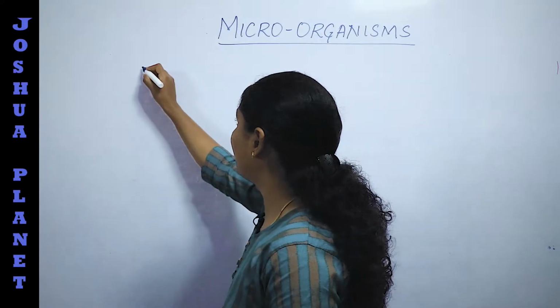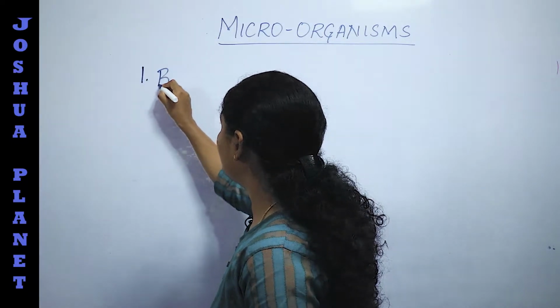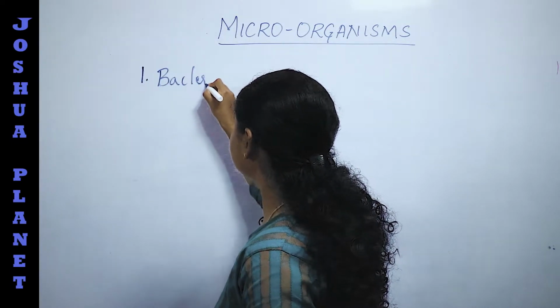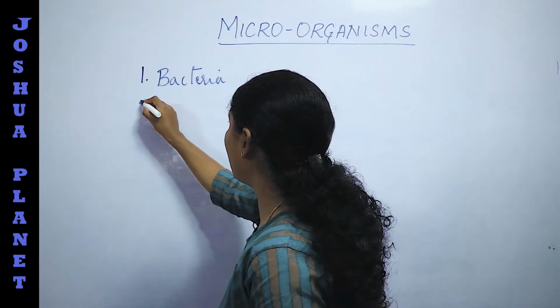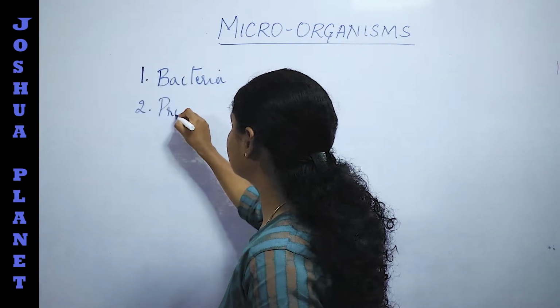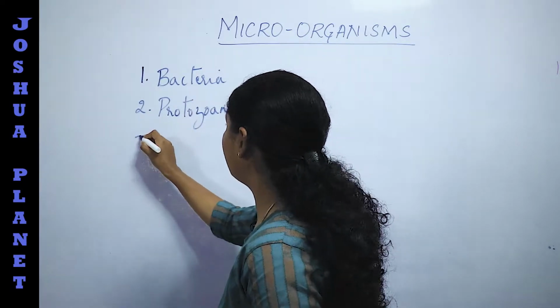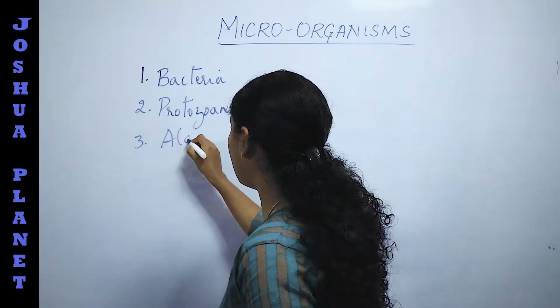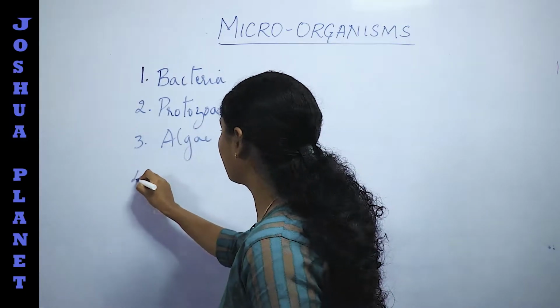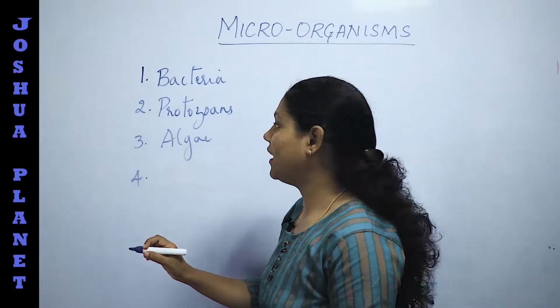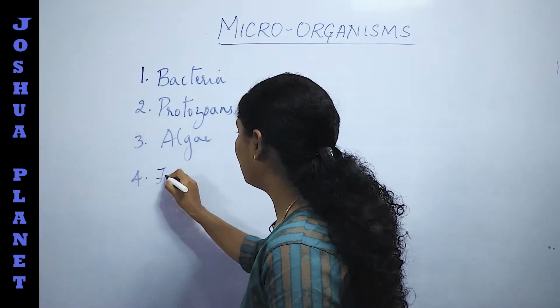The first kind of microorganisms are bacteria. And then we have protozoans. Then we have algae. The fourth variety of microorganisms are fungi.